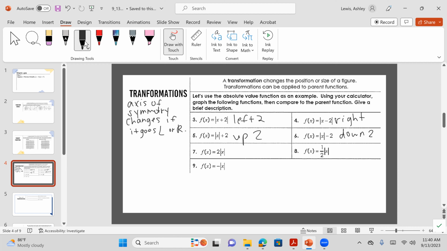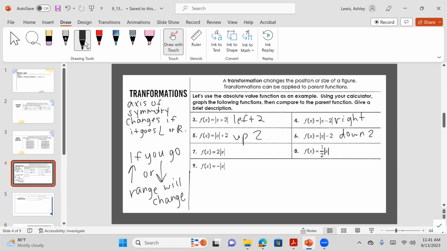Normally it's like this, but if I move this way, your axis of symmetry changed. If I move this way to the left, your axis of symmetry just changed. Also, if you go up or down, your range will change. So however you want to word it, this is what I want you to notice. Your range will change if you move up or down.